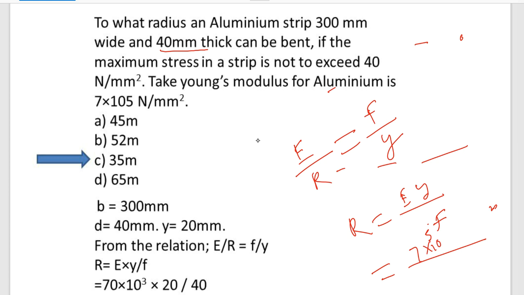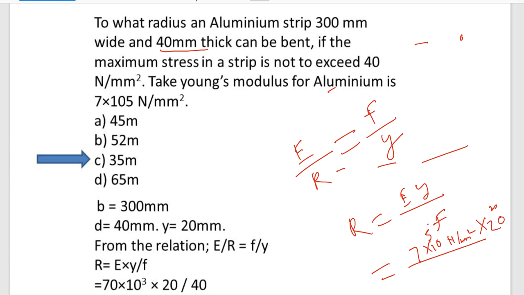We have to convert it to 7 into 10 to the power 2 kilonewton per mm square, which is basically newton per mm square. The value of Y is half of the 40 mm thickness, so that will be 20.